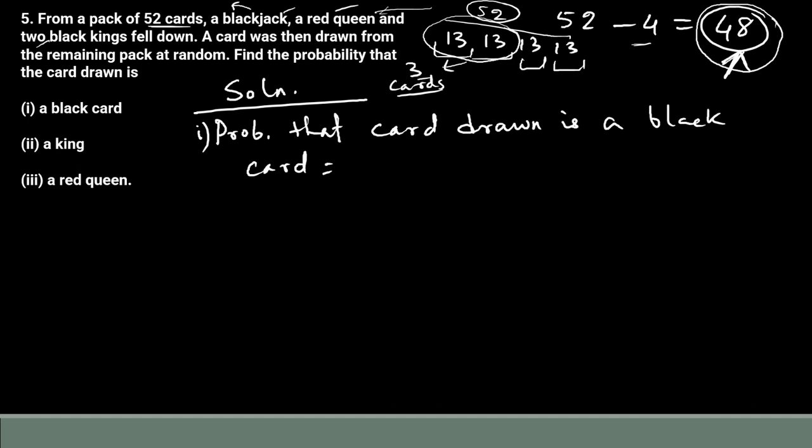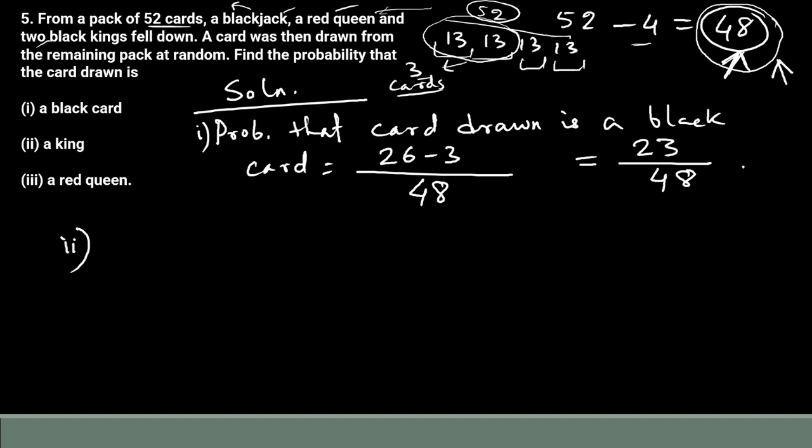They are gone. So the number of favorable outcomes, that the card drawn is black, will be 26 minus 3. And what is the total number of outcomes? Now you have 48 cards, not 52. So 26 minus 3 divided by 48, so it is 23 divided by 48.